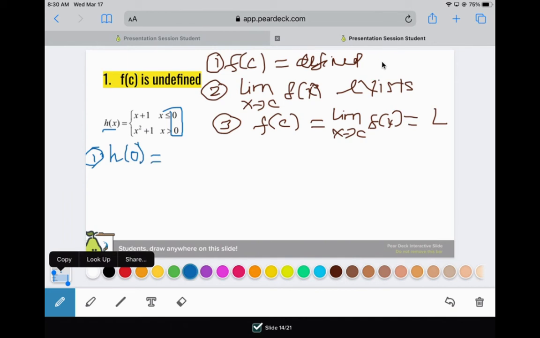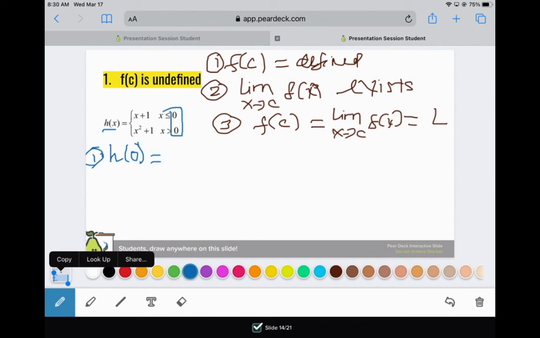Here's a question. I want to see how many of you remember this from pre-cal. If I want to check for h of 0, do I plug it into the top function, x plus 1, or do I plug it into the x squared plus 1? If I want to test for h of 0, which function?